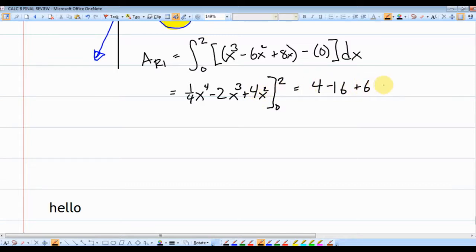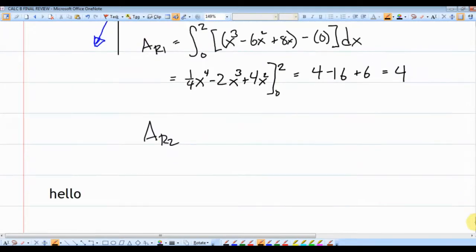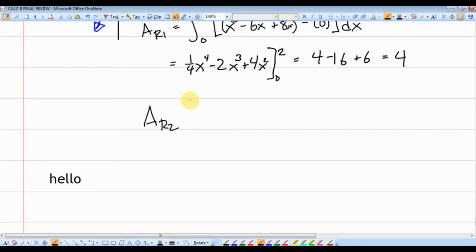Oh, the area is 4. Area of region 2. Now the red curve is on top, right? Now that 0 makes a difference. It makes it negative.